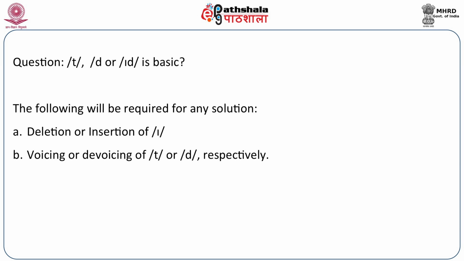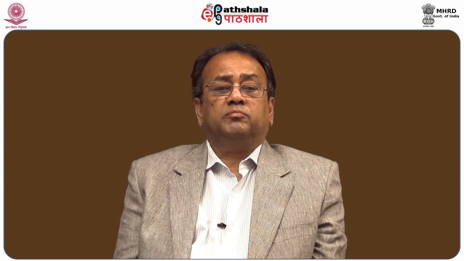So when the stem ends in a voiceless consonant, then it changes to t. The voiceless consonants in English are p, t, k. Notice that we also have the fricatives here, s, sh, ch. The only consonant which is an exception is t here, the voiceless consonant.